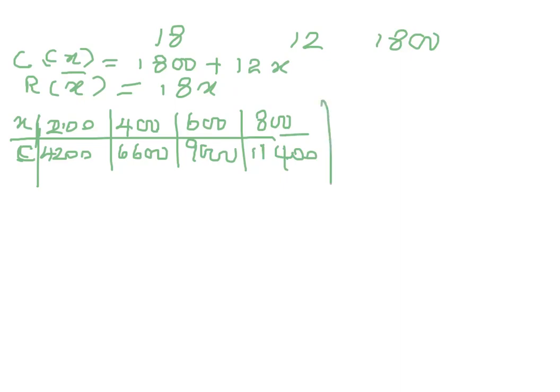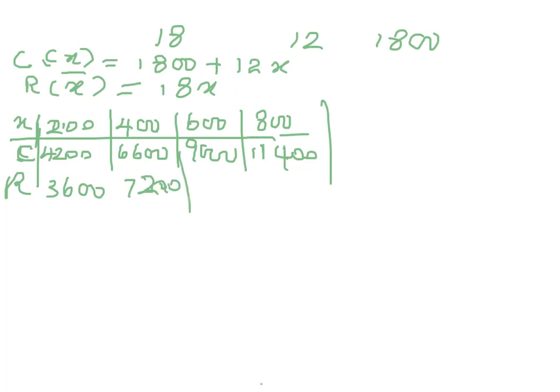And these are the cost function's values. At the same time, I can find the revenue function values. I didn't take 0, but it's all right. 18 multiplied by 200 is 3,600. When x is 400, multiplied by 18, the revenue becomes 7,200.